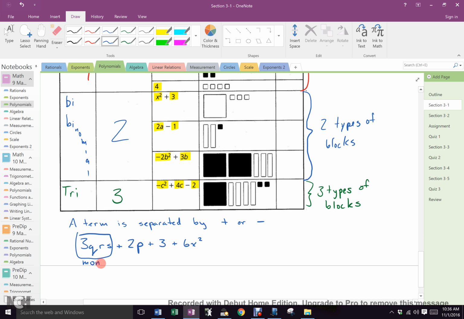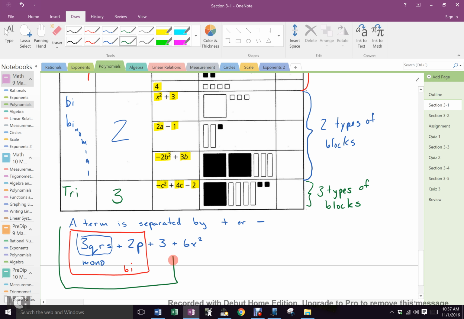Mono. Mono. Binomial. Trinomial. Polynomial.